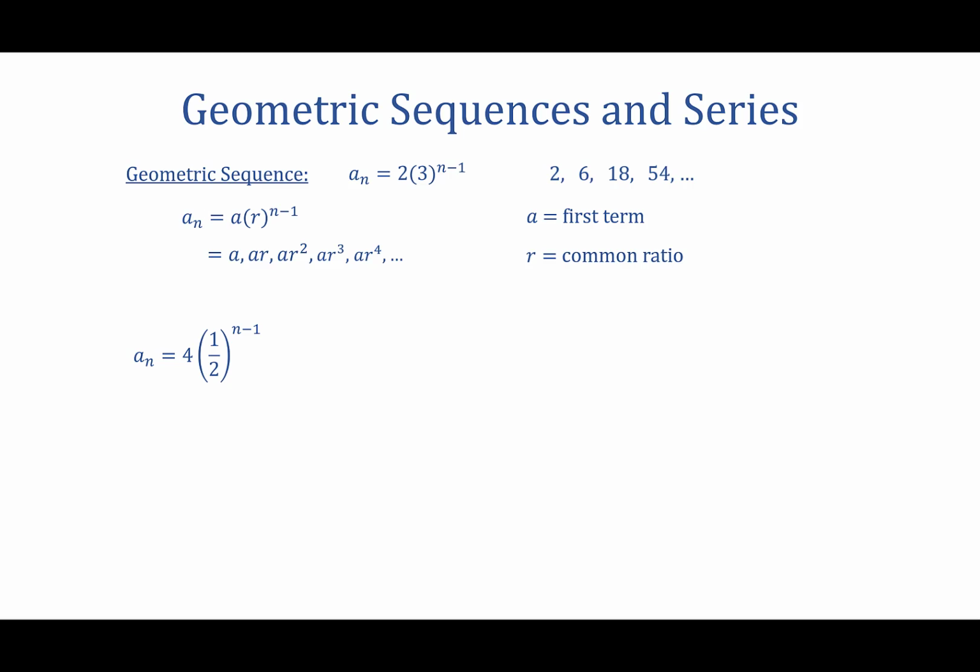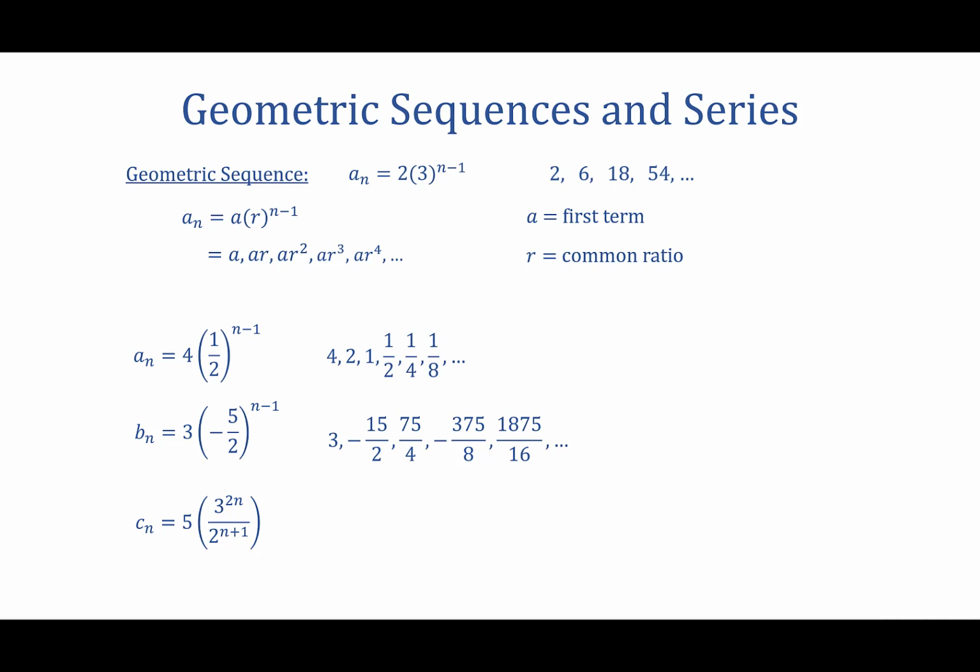We can just write out the first few terms. The first one is 4, and the common ratio is 1/2, so we always multiply by 1/2 to get to the next term. In this one, the first term is 3, and we're always going to multiply by -5/2 to get to the next term. This results in an alternating sequence.